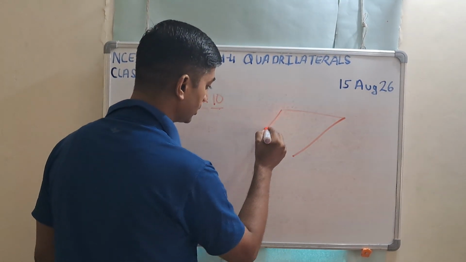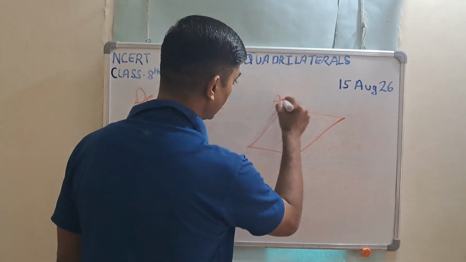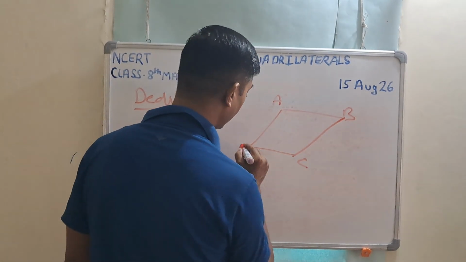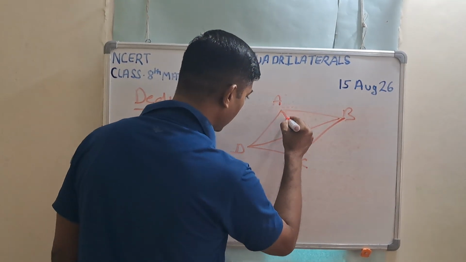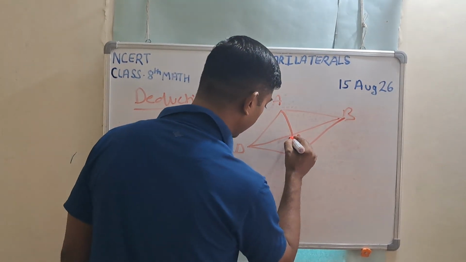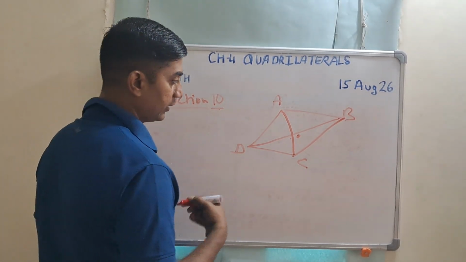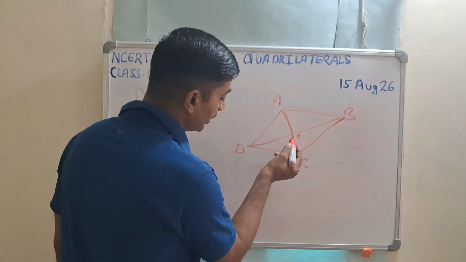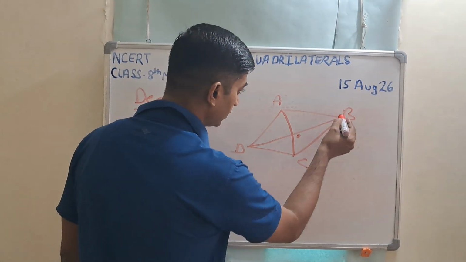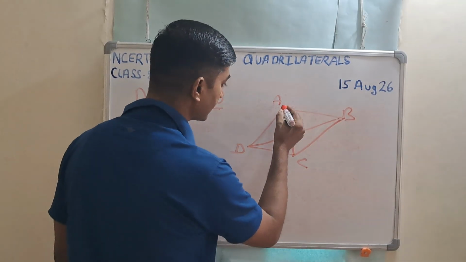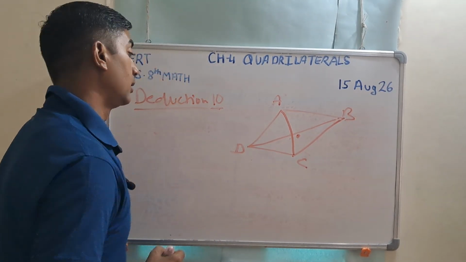If this is a rhombus, we have drawn A, B, C, D. Now we have to see what is the nature of this point of intersection O, as we have seen in the case of the parallelogram and in all the quadrilaterals. Now what is the nature of this O in this diagram? That we will see today.